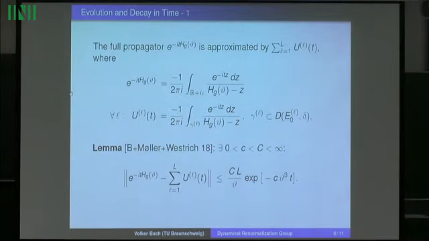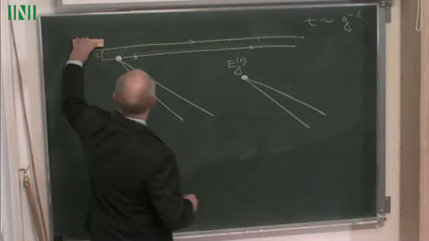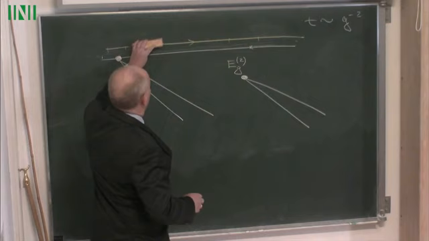And then we prove the following statements. The first statement is kind of a setup lemma. It says that the propagator is dominated by the contributions from these parts of the contour that are close to each of the eigenvalues. So basically this lemma says we can forget about all these other parts.